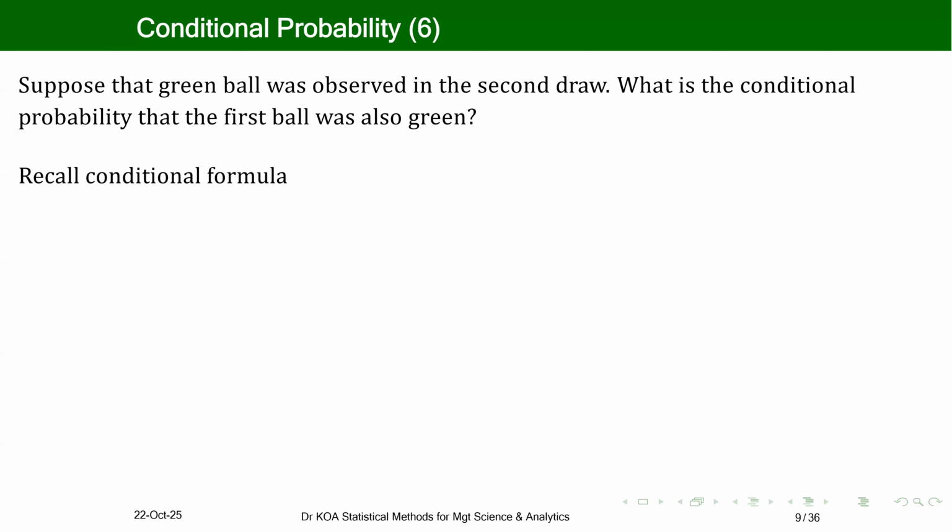What mathematical question are we asking? I think we are being asked the probability of having G1 given G2 is green. Good.